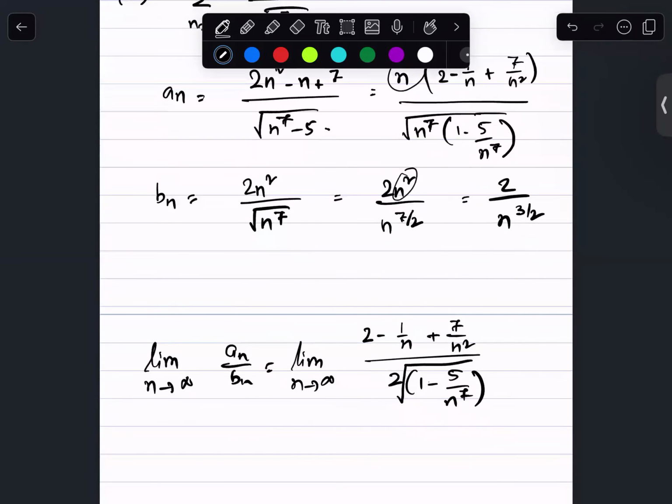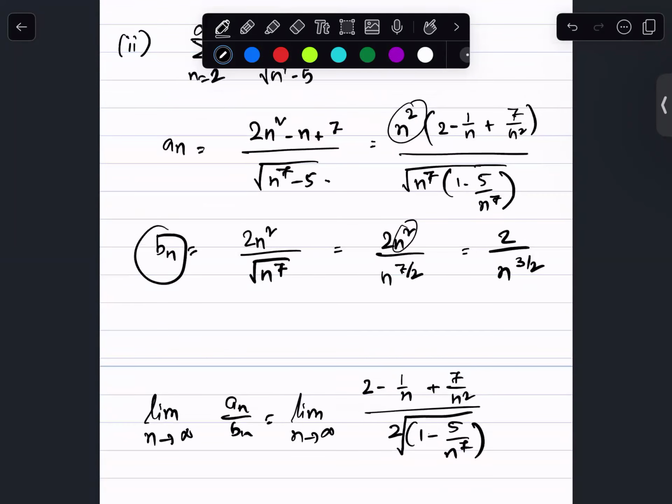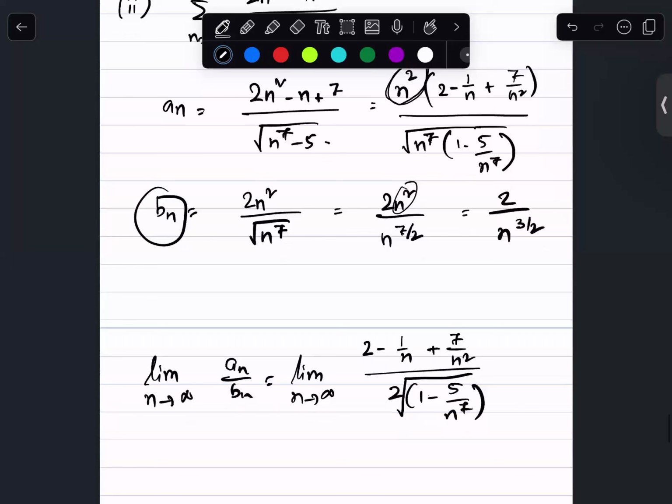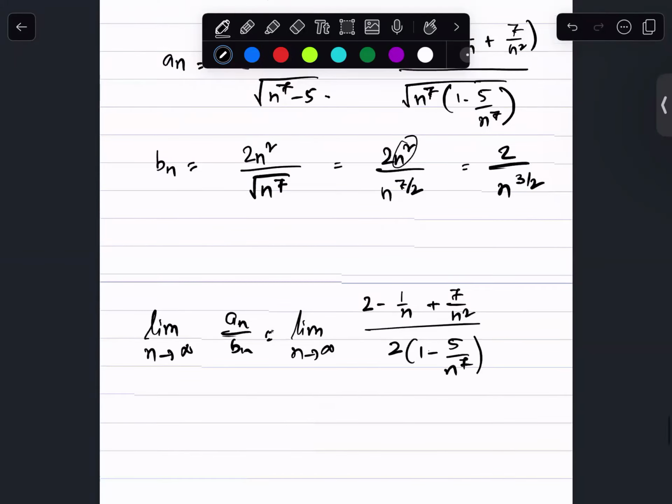Okay. Now how did I guess that my bn should be that? Because I can see that this n squared should be going away to have a finite limit. And also square root of n to the 7 is coming there. So to cancel the square root of n to the 7, I need to have square root of n to the 7 there. So you have to be very, very smart choosing your bn.